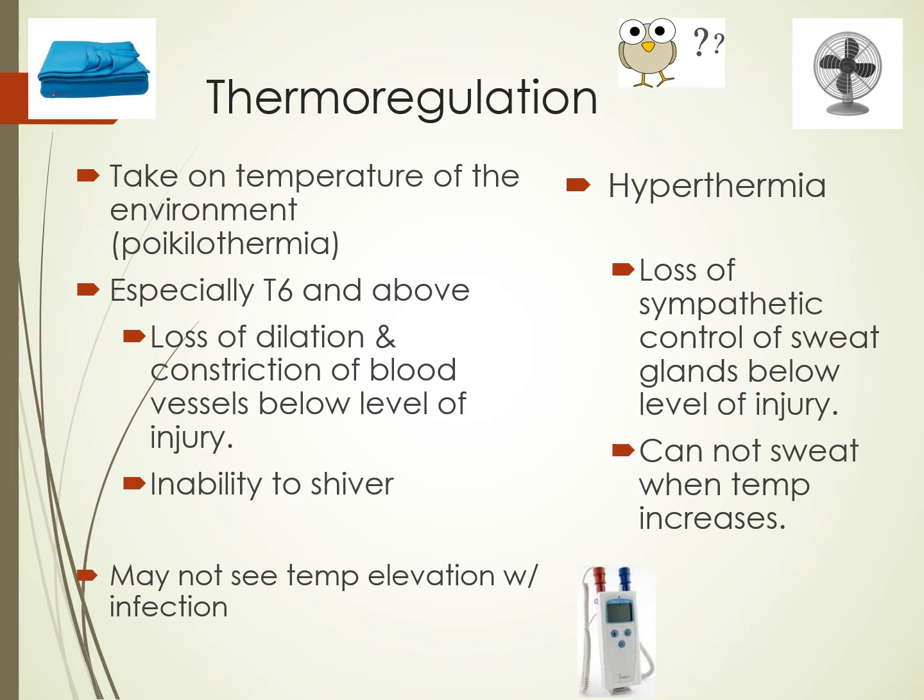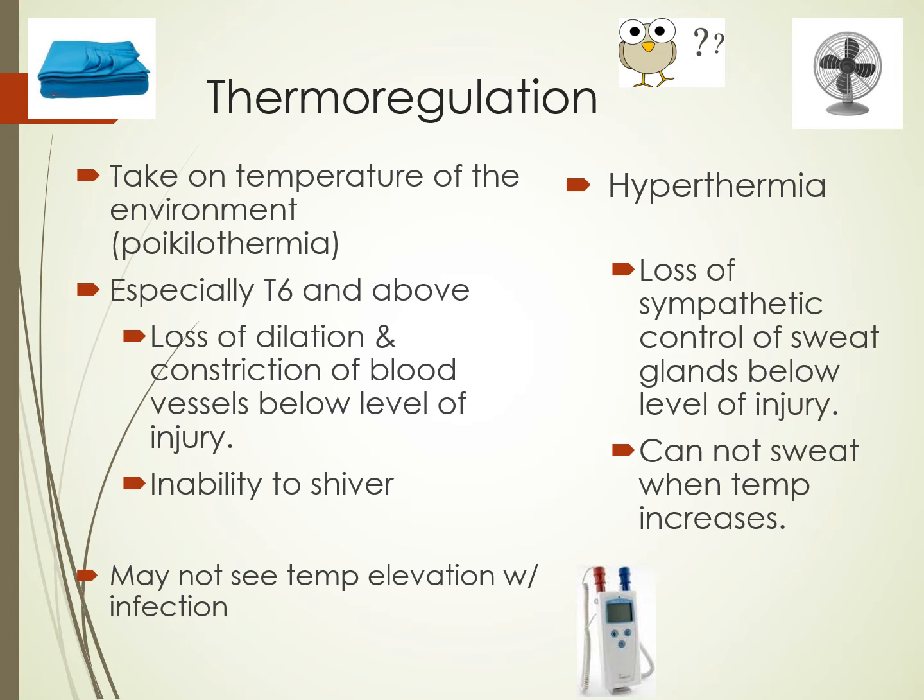This is something that is specific to spinal cord injuries, and it has to do with thermoregulation, and it's poikilothermia, poikilo meaning variable, and they take on the temperature of the environment. So if the environment's cold and chilly, then they become cold.